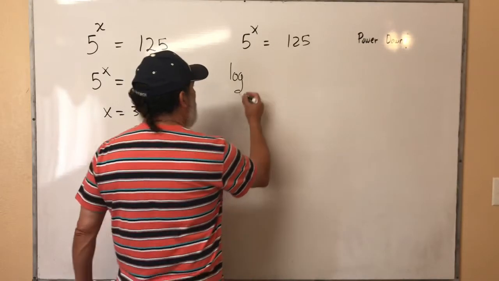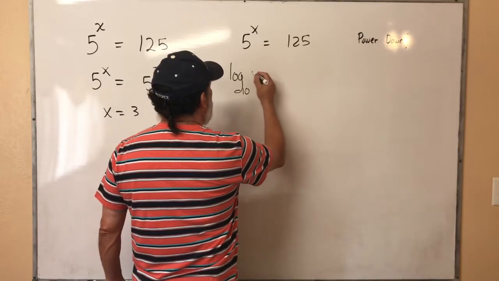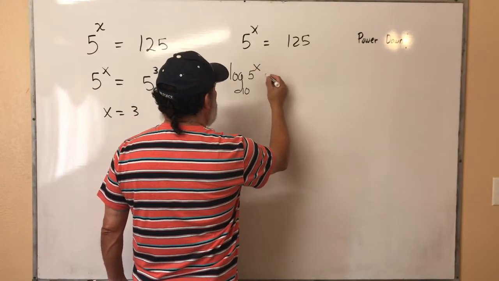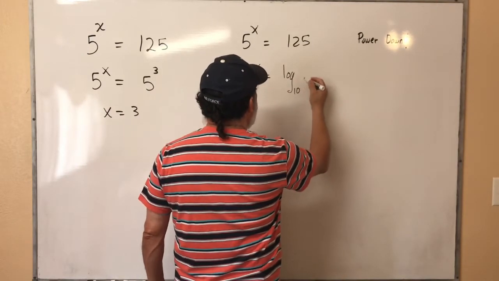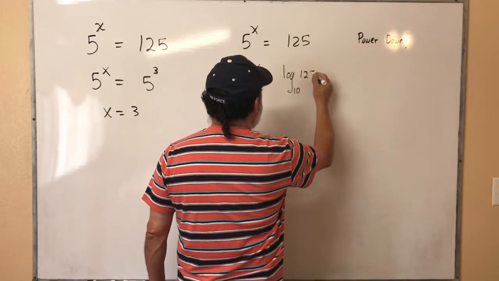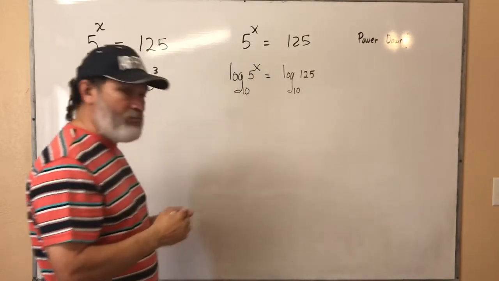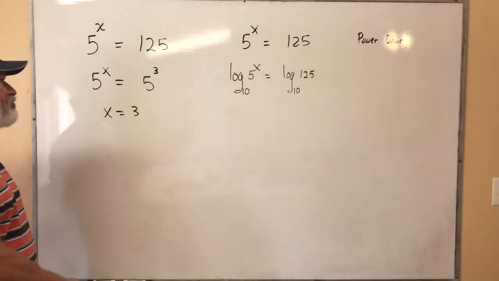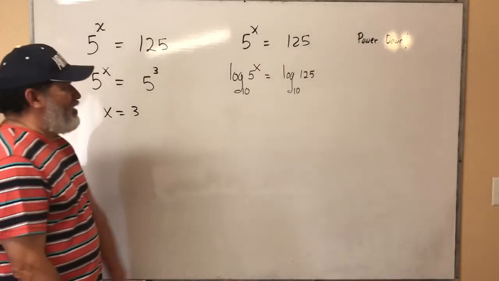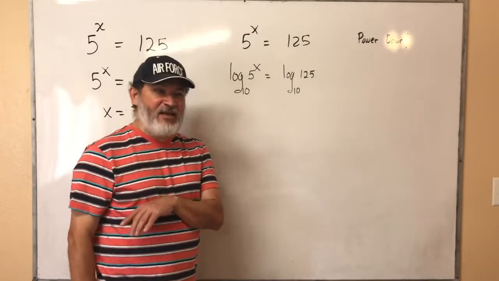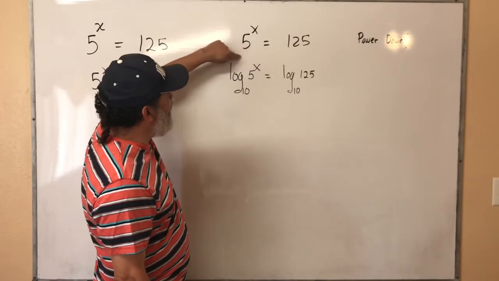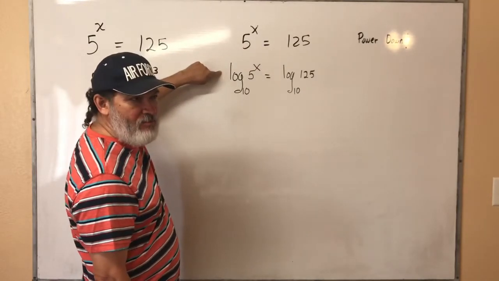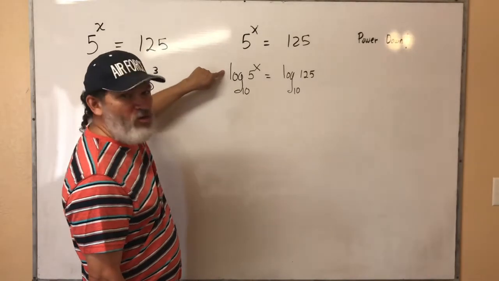So log base 10 of 5 to the x equals log base 10 of 125. There's a rule that says this power can come down and become a coefficient.